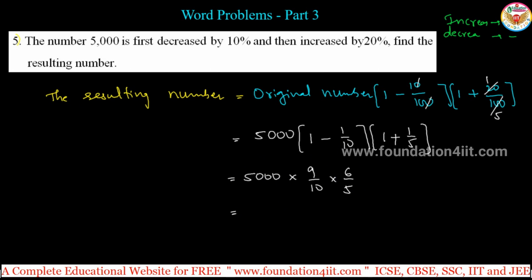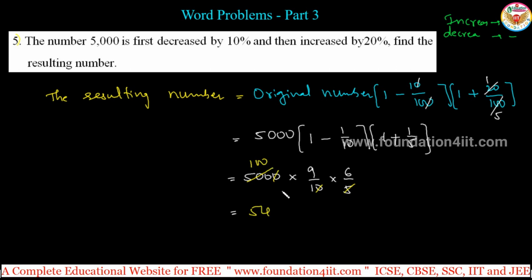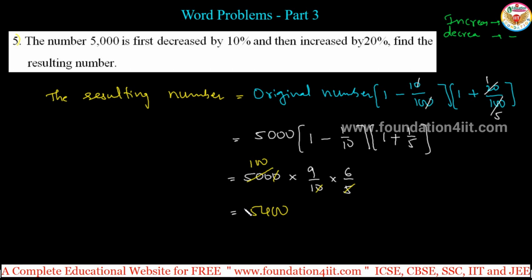You can simplify this: cancel the zeros, 5 ones are 500, 9 into 6 is 54, 54 into 100 is 5,400. So 5,400 is the resulting number. If 5,000 is decreased by 10% and then increased by 20%, the result becomes 5,400.